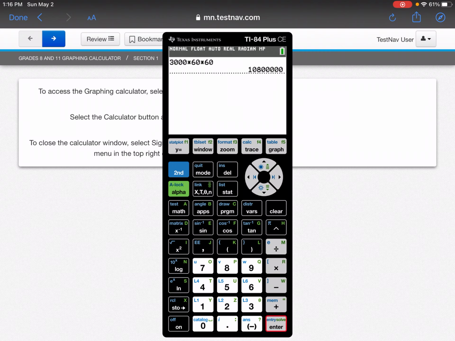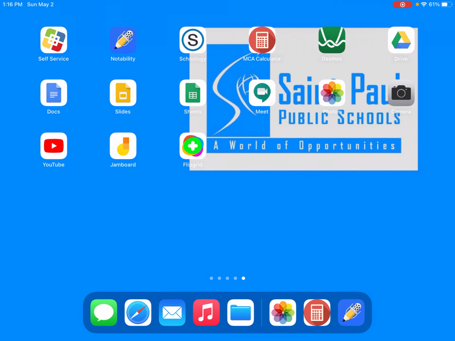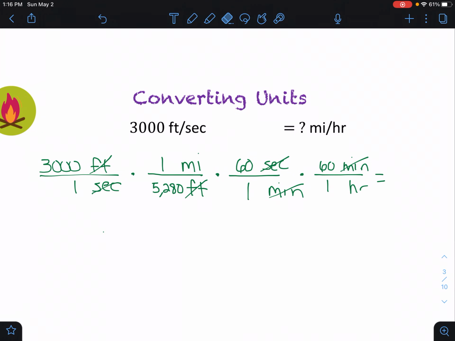We get a big number. Looks like 10,800,000. Now on the bottom, I just have 5,280 times 1.